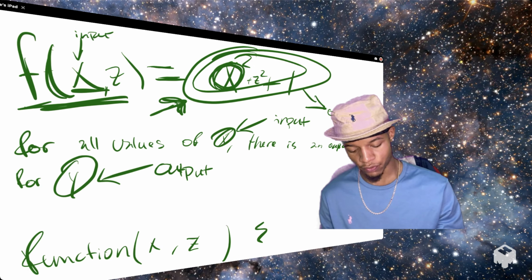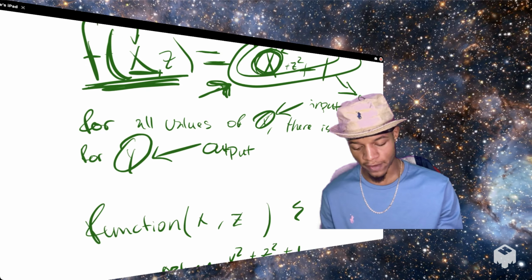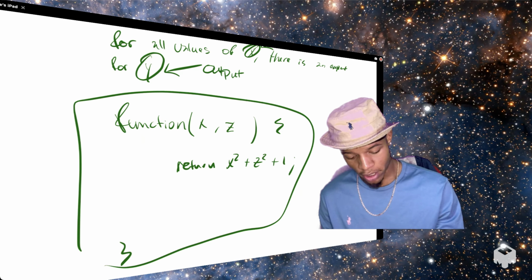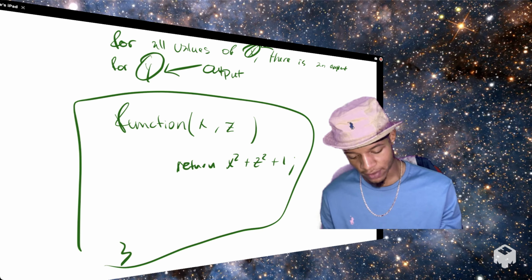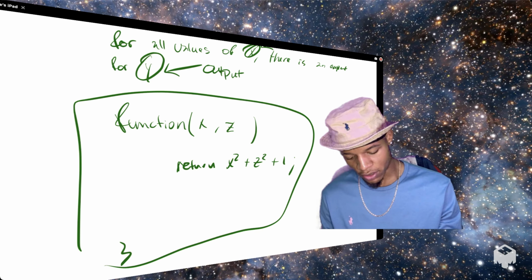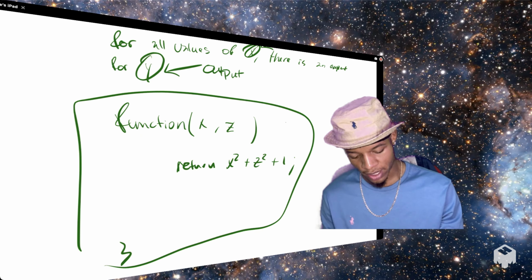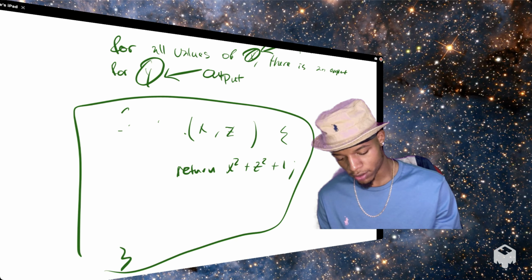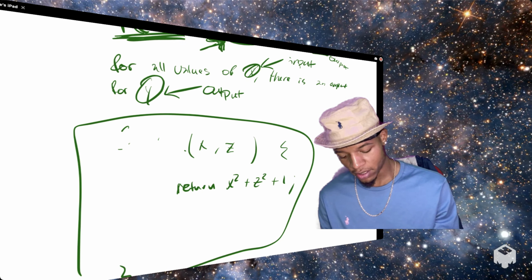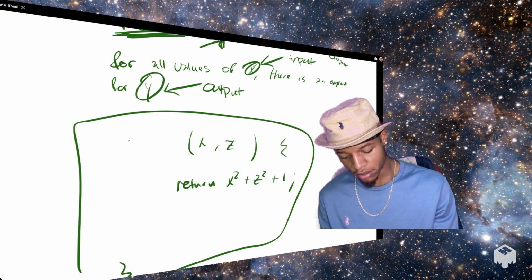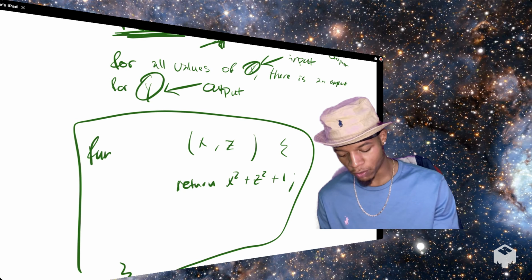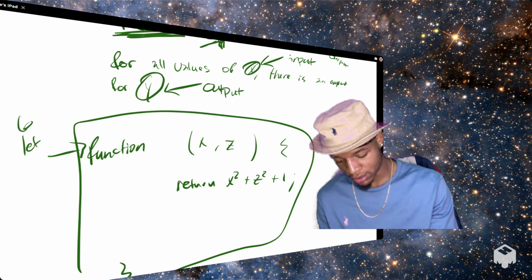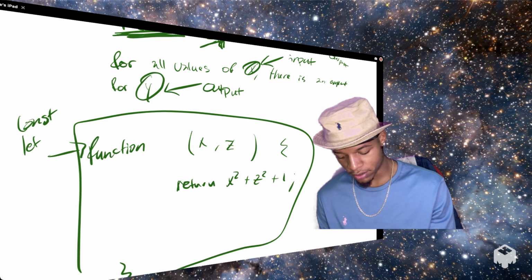So literally, I just remade this f of x, z function right here, but I didn't give it a name. I missed one critical step. I said function, but I didn't give it a name. In mathematics we call this function f of x, but in computer science we use the keyword function, which you can kind of think of like let or const, but this says this is a function.